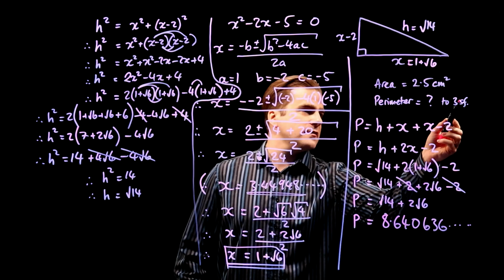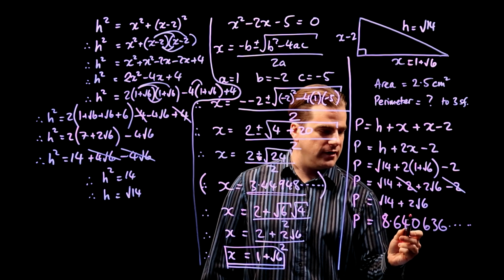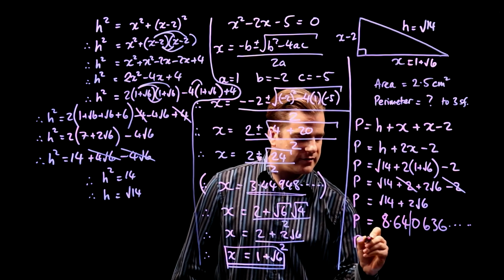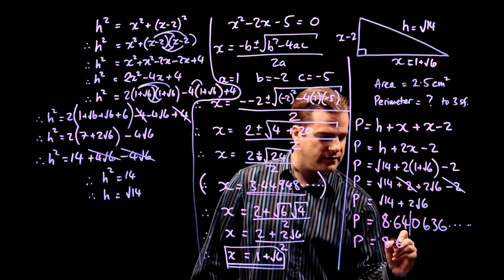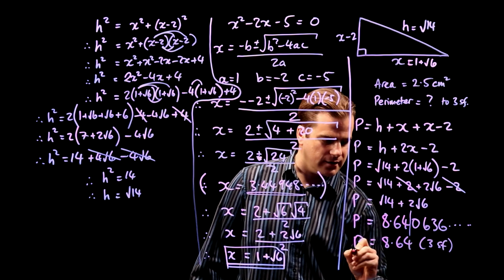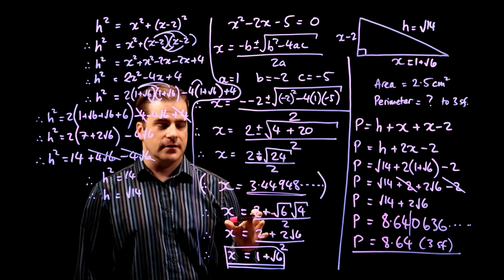Now we asked for the answer to 3 significant figures. 1, 2, 3, so that's up to there. So to 3 significant figures, that 0 leaves that 4 alone, so it's 8.64 to 3 significant figures. And that is how you should do these questions.